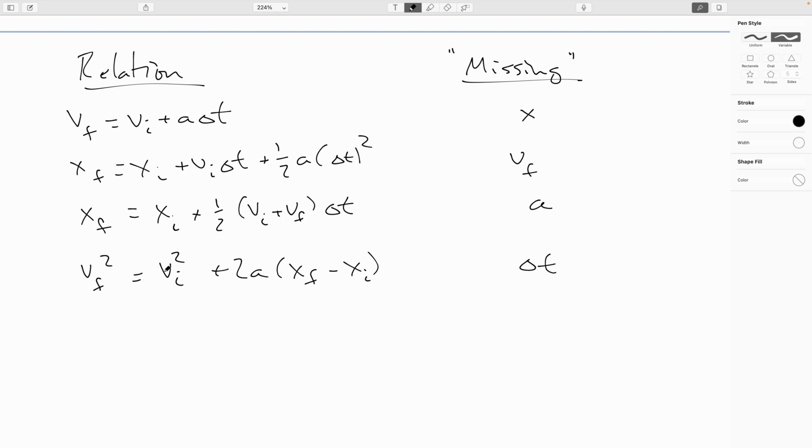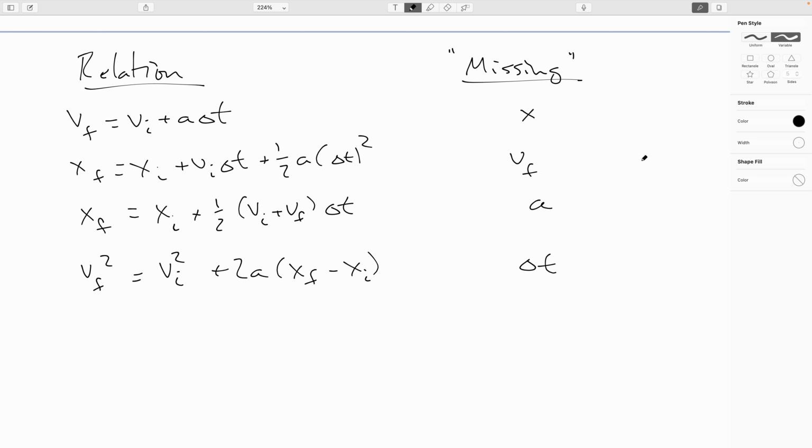By the way, a lot of textbooks don't give us this last one. And the reason they don't is that they're afraid if you just start grabbing random equations and substituting one into another, if you have all 4 of these, you can get into a situation where if you make enough substitutions, you end up getting absolutely everything to cancel, and you're left with 0 equals 0, which, while true, isn't terribly useful.